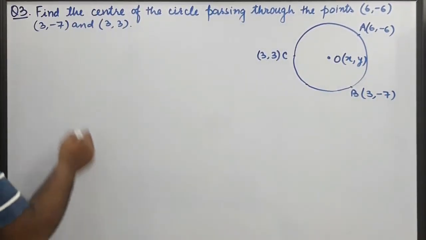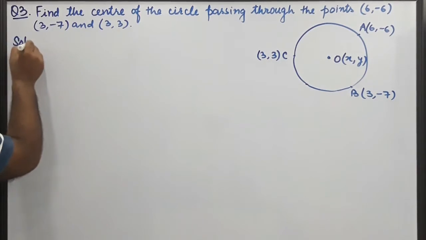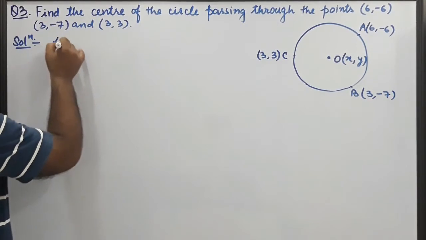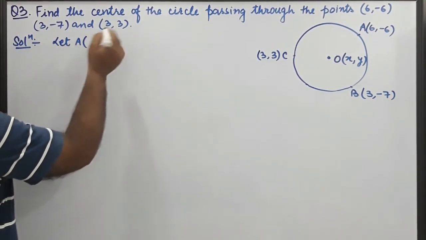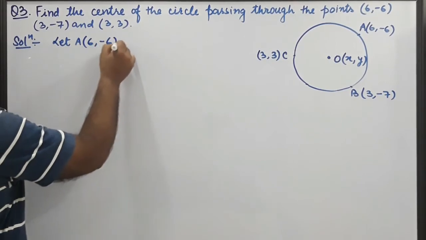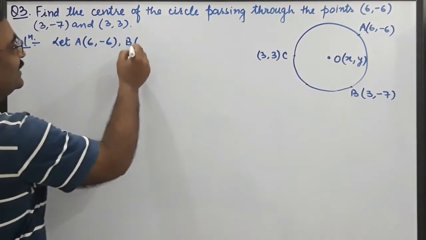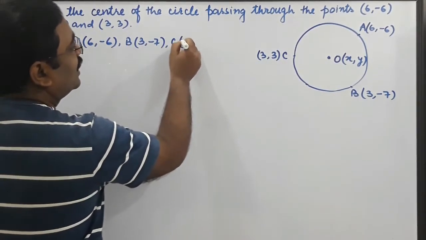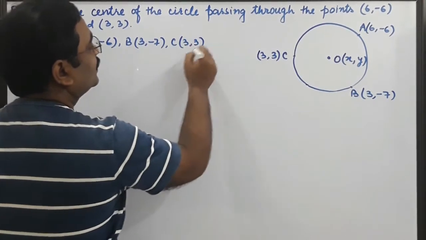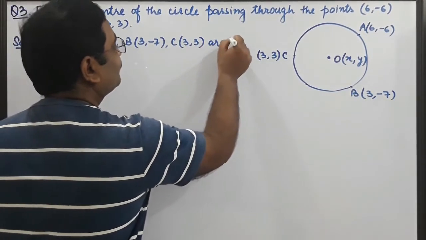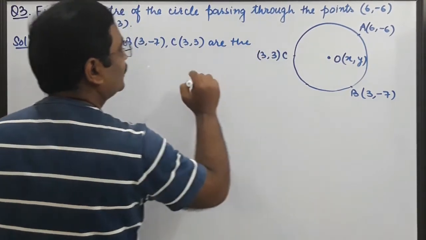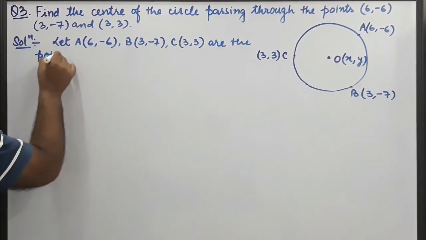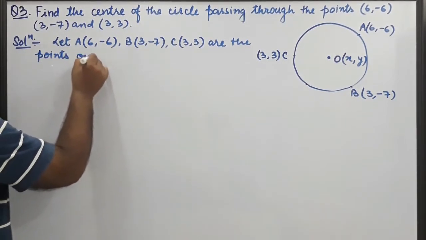Right? So in the solution of this, let points A whose coordinates are (6, -6), B coordinates are (3, -7), point C are (3, 3) are the points on the circle.